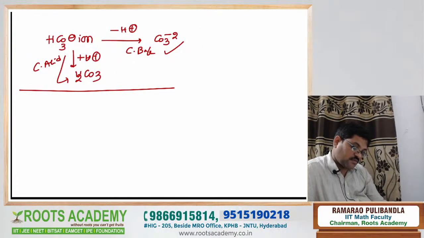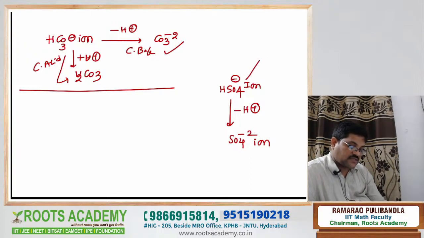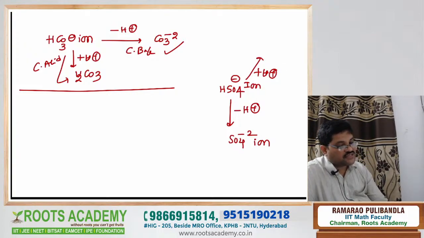And see the next example. HSO4 minus. What am I saying, students? Regarding HSO4 minus ion, what is the meaning of conjugate base? Definition of acid. Loss of H plus ion, what do you get? You get SO4 minus 2 ion. For HSO4 minus, adding H plus ion gives the conjugate acid.